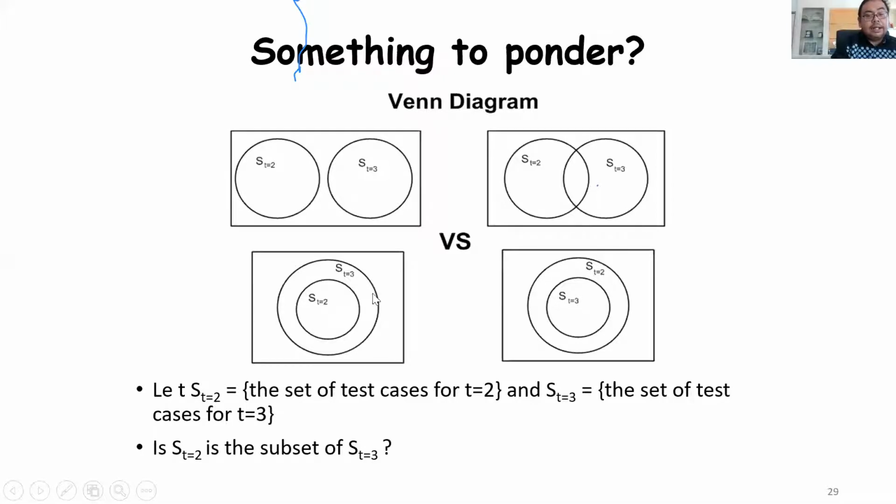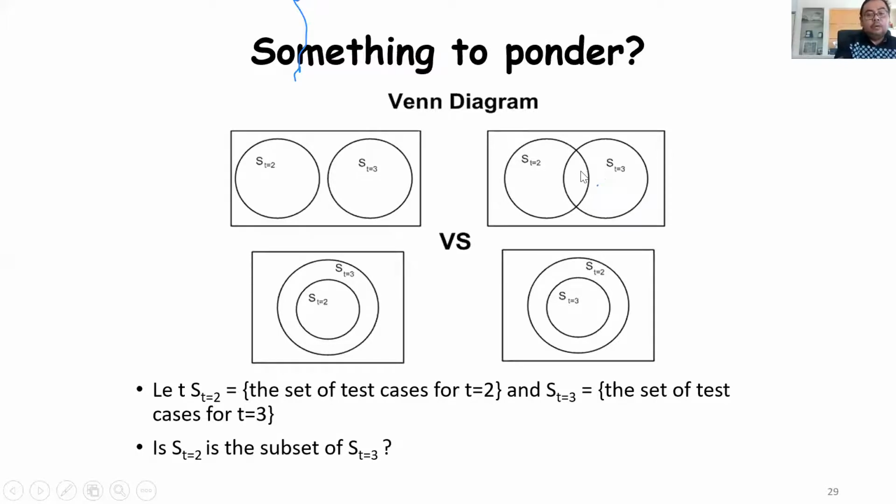This could be right, and this also could be right, depending on the number of parameters and number of values that you have. Because originally, all this comes from the idea of covering arrays. Some covering arrays are mathematically so-called, they have some property that they share with each other, but some do not. So that results in this or that.